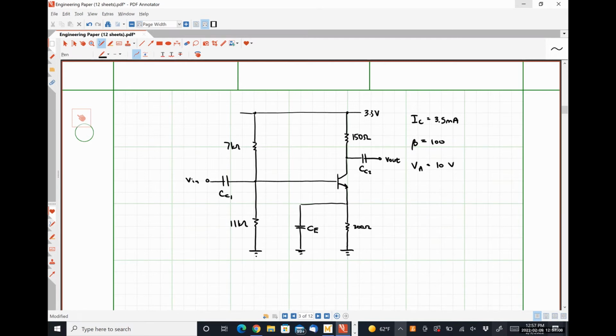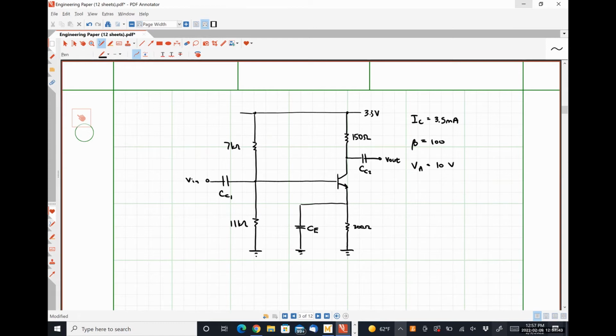So on an exam where time is of the essence, I will probably set your problem up like this, where I effectively tell you what the DC bias point parameters are, so that you can jump straight into figuring out what your small signal parameters are, right? I'm not going to make you calculate IC and VE again and all that kind of stuff on your exam. That was the purpose of exam 2. Now, under the assumption that you know how to make those calculations, let's work on our small signal representation, right?